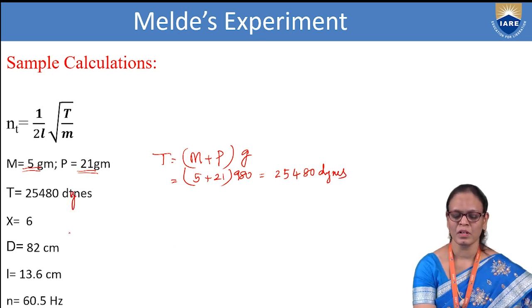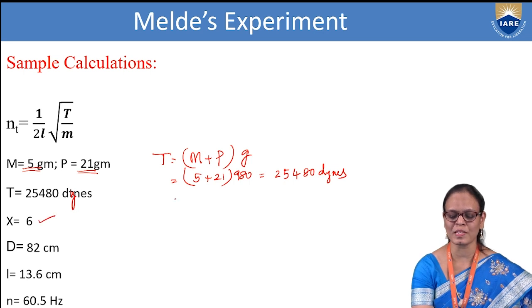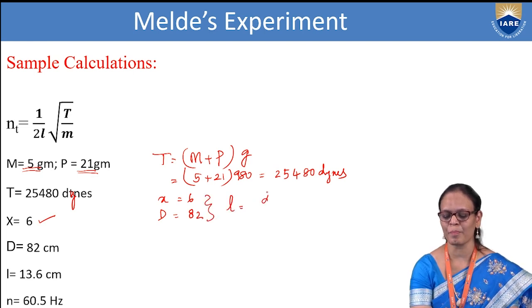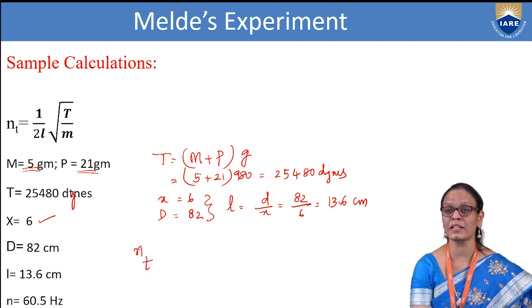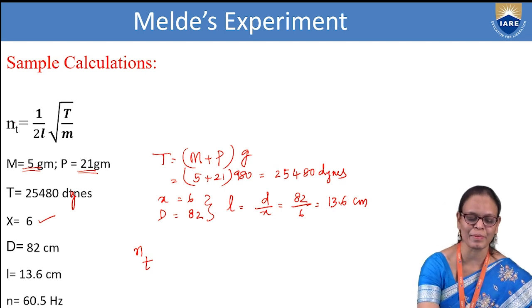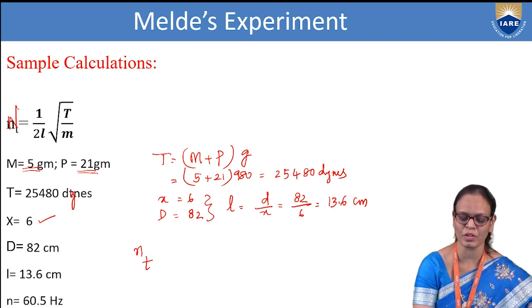Okay. Now we are seeing that the number of loops that are formed is X and the total distance is 82. So from these two we can get the length as D upon X, as 82 by 6. So that gives us 13.6 centimeter. Now how do we get the frequency? In the transverse mode, NT, or I can write it as capital N, the frequency of the tuning fork.